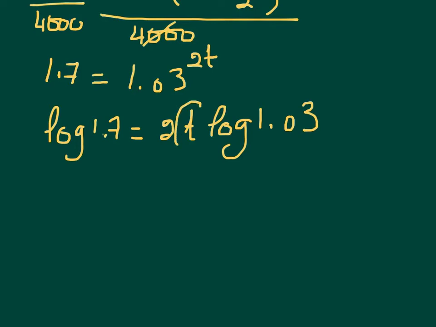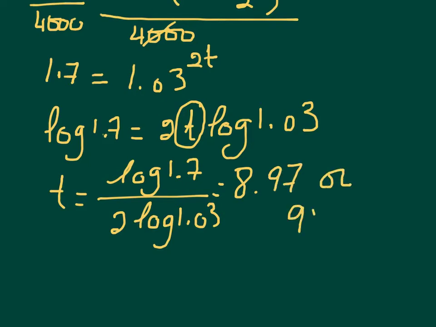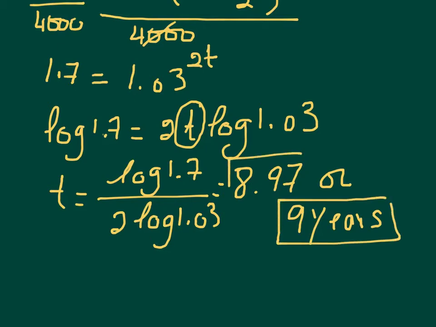Solving for t, dividing both sides by 2 log of 1.03, t is going to equal log 1.7 divided by 2 log of 1.03, and we're looking for time. It's going to give me 8.97, or simply you can say it's 9 years. You'll be fine. Either one of those two answers will be good.